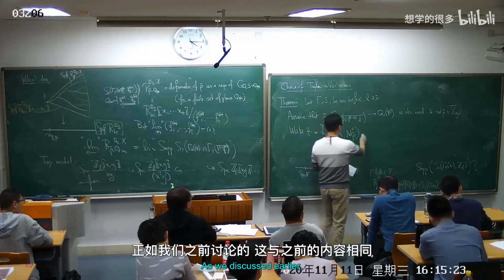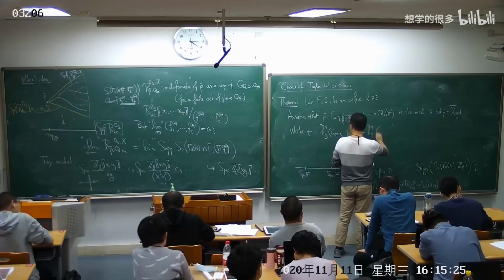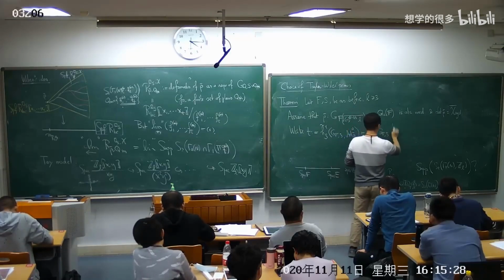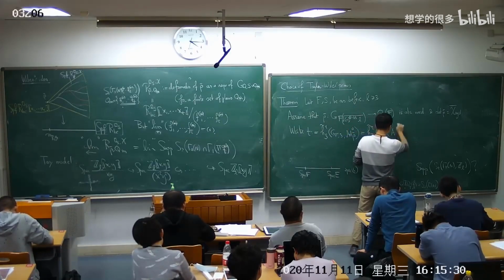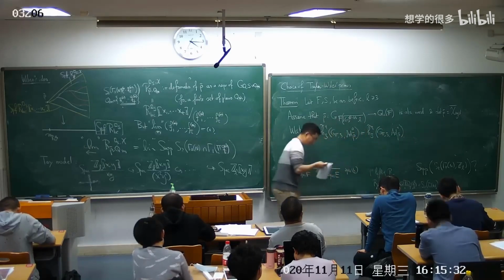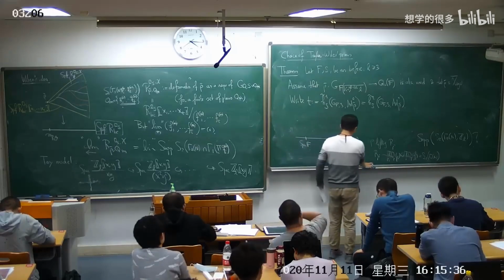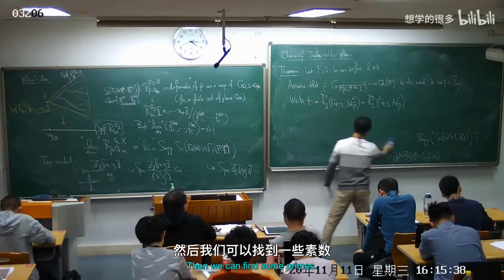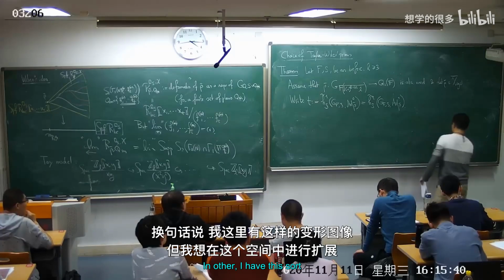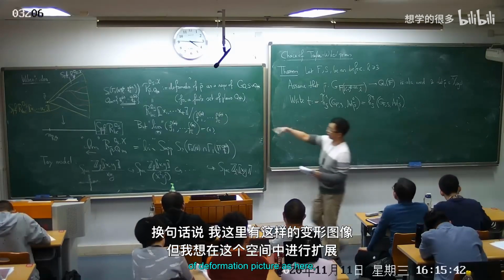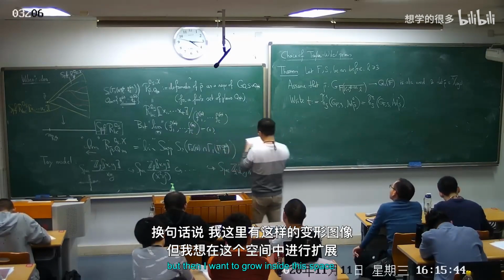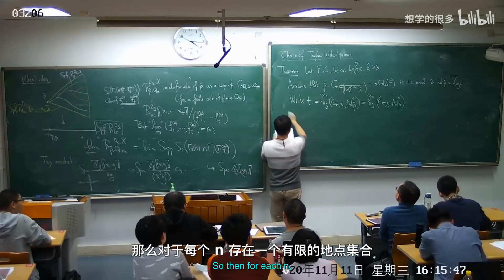As we discussed earlier, it's the same thing as this, by the Euler characteristic formula. Then we can find some primes. In other words, I have this deformation picture, but then I want to grow inside this space.